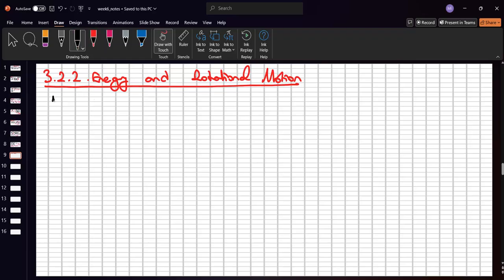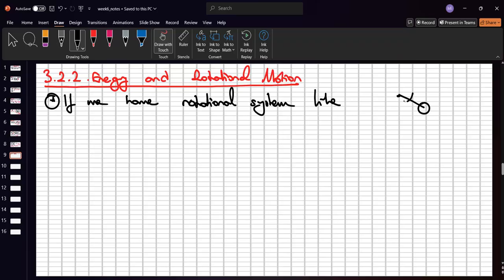And so, if we have a rotational system, like this one, for example, we have the mass, just remember the lesson, theta and torque value is applied in here.